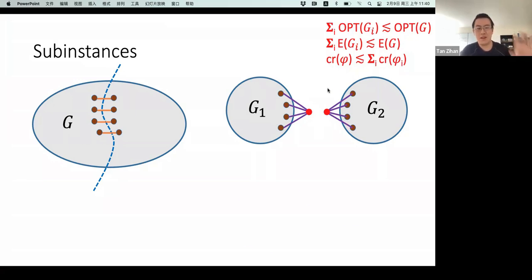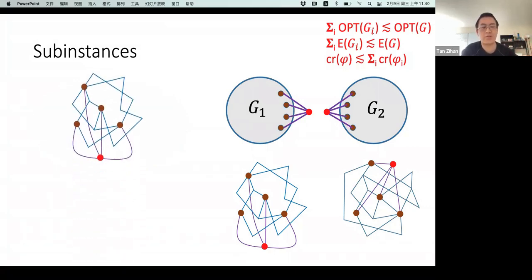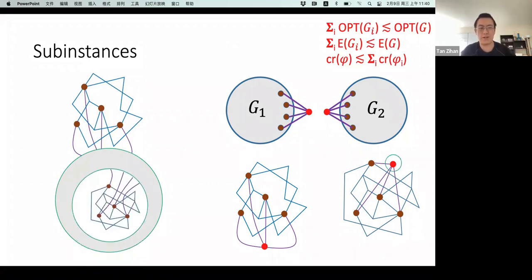Why is that? Suppose we have a drawing of the new sub-instance G1, which includes this red vertex, and a drawing of the new sub-instance on the right. To combine these drawings, we look at the left drawing, place a disk around the image of the special vertex, and place the whole drawing of G2 inside this disk.